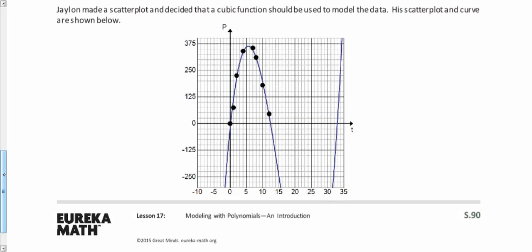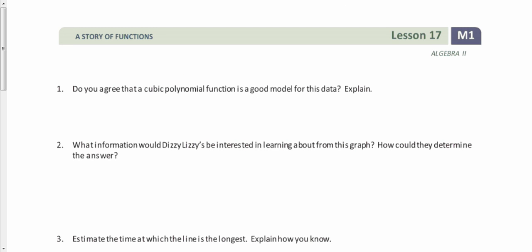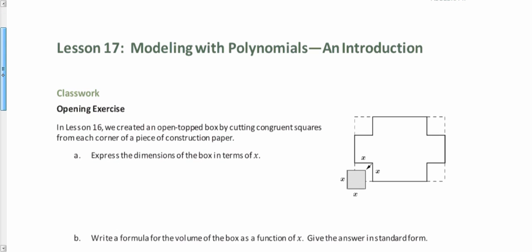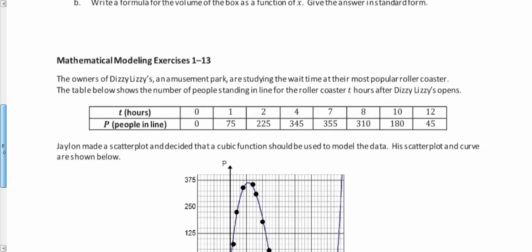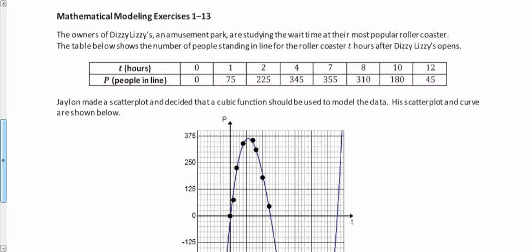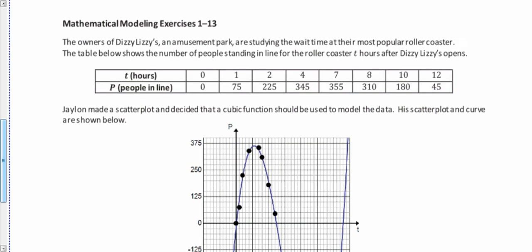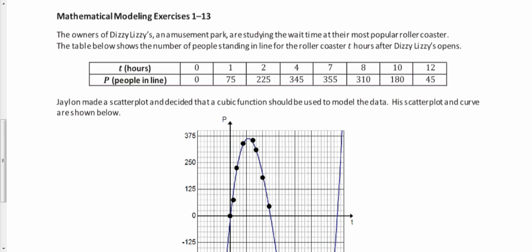Now, do you think that a cubic is a good model for that data? In order to talk about this in greater detail, let's go back to the graph. Do you think a cubic model is a good model for this? So, remember, a cubic model looks like this.